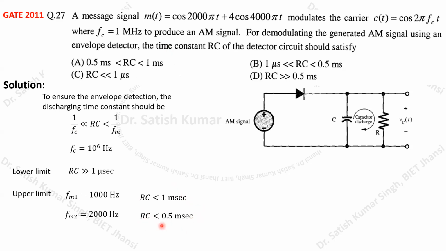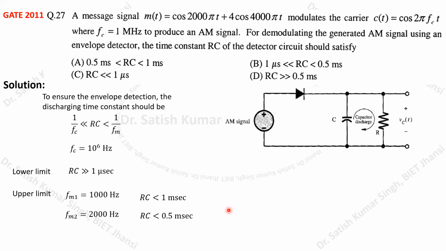If we choose RC less than 0.5 milliseconds, it satisfies both conditions. For example, if we choose an RC value around 0.1 millisecond, it will be less than both 0.5 millisecond and 1 millisecond, so this is the more appropriate choice. We have to choose RC less than 0.5 milliseconds.